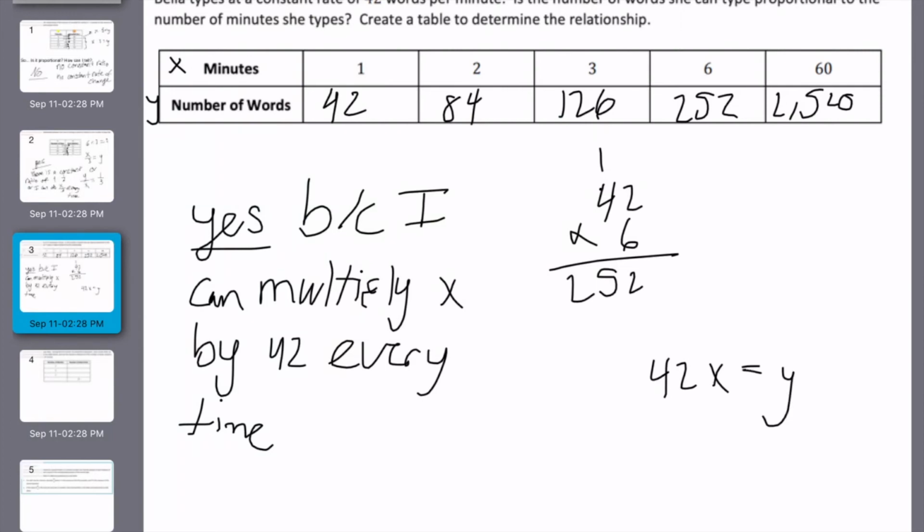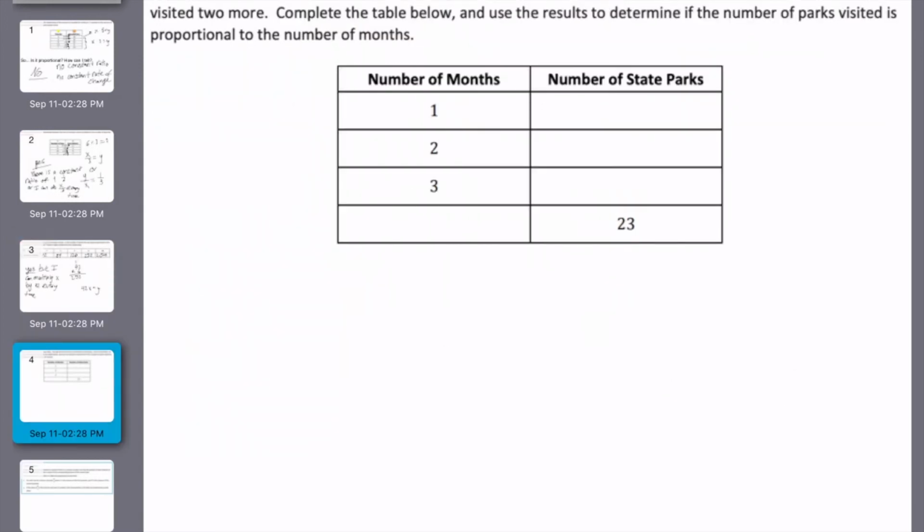Let's look at another problem here. Mark recently moved to a new state. During the first month, he visited 5 state parks. So I'm going to underline or highlight that because that is important for me. First month, he visited 5 state parks. Each month after, he visited 2 more. Complete the table below and use the results to determine if the number of parks visited is proportional to the number of months. So, within that first month, he visited 5 parks.